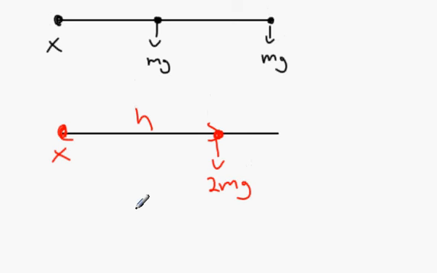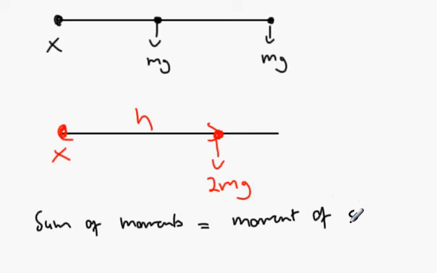So the sum of the moments equals the moment of the system. Sum of moments is basically mg by L, because remember, it's force by distance away from the turning point. And then this one here is mg by 2L.